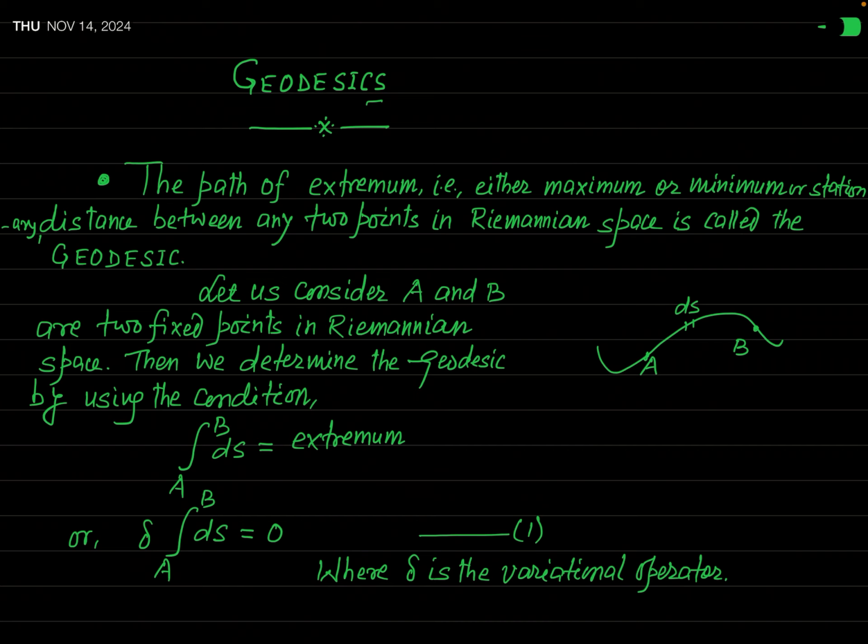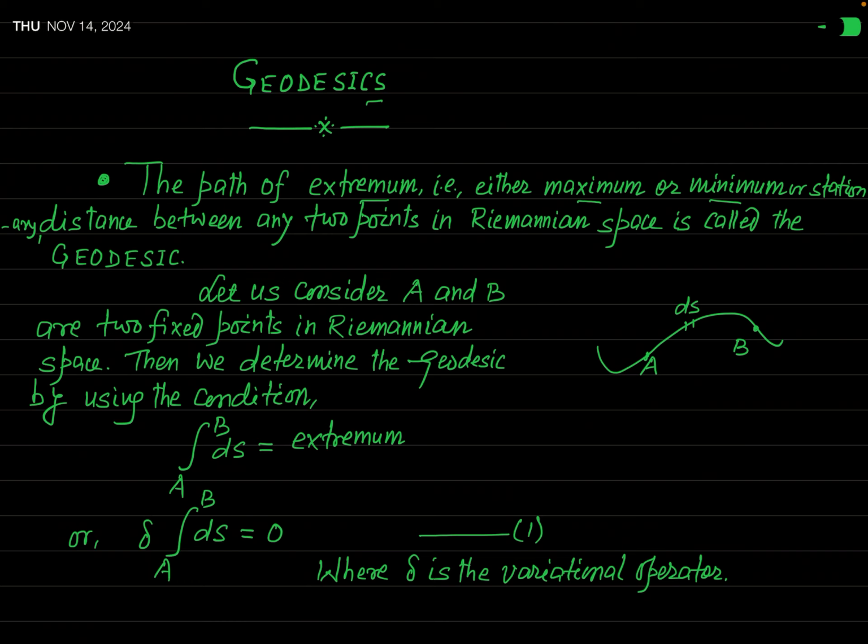It means compared with the nearby paths, this distance will be the same. Actually, the path of extremum distance, that means the distance which is either maximum or minimum or stationary, in Riemannian space is called a geodesic.